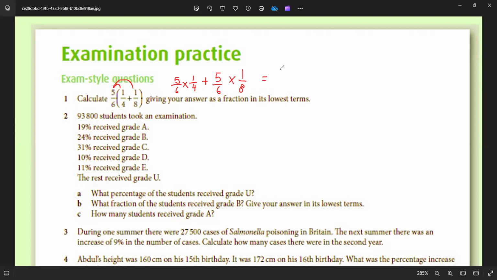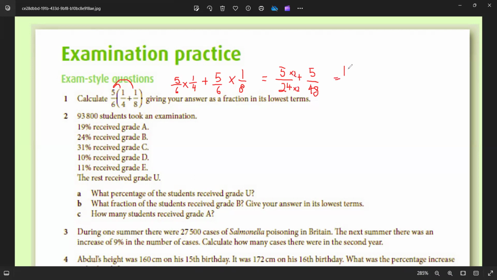5 times 1 will get 5. 6 times 4 will get 24. Then next, 5 times 1 get 5 again. 6 times 8 get 48. But then the denominator is not the same, so we'll times 5/24 by 2: 24 times 2 and 5 times 2.